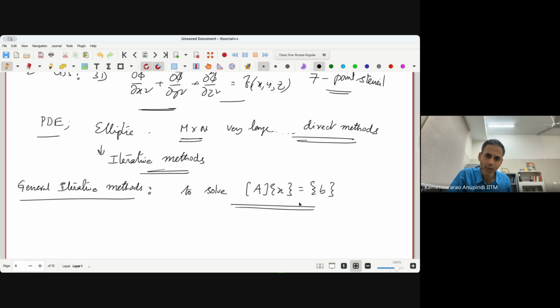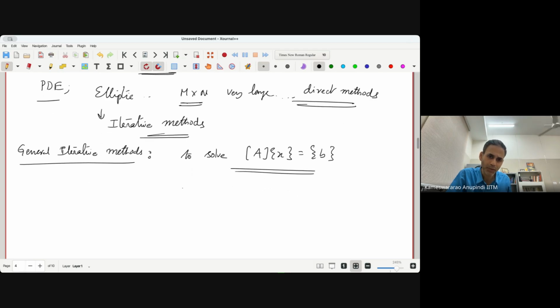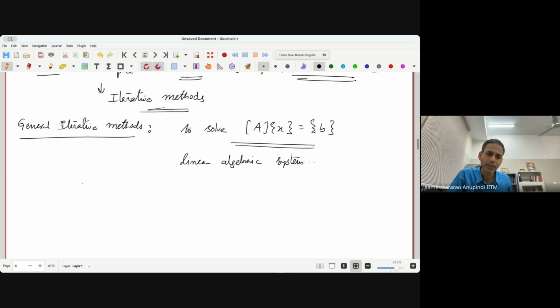That means we want to solve this Ax equal to b, which is a linear algebraic system, and this may or may not result from the discretization of a partial differential equation.